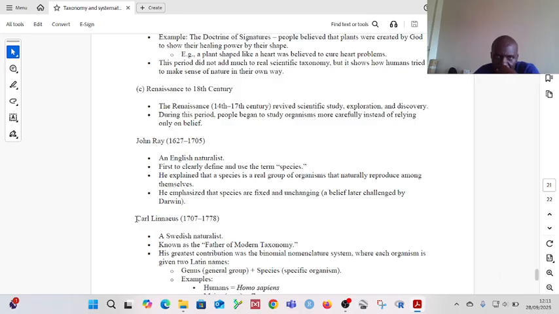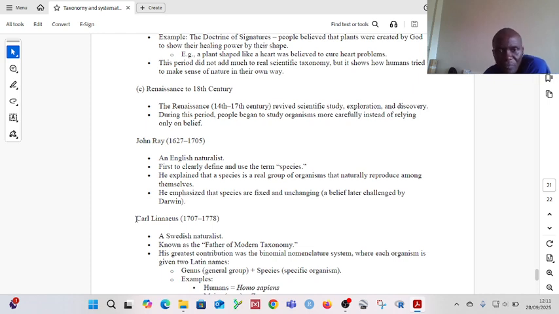Fast forward, we've had quite an explosion. We had an attempt to define and use the word species. This attempt was made by John Ray between 1627 and 1705.